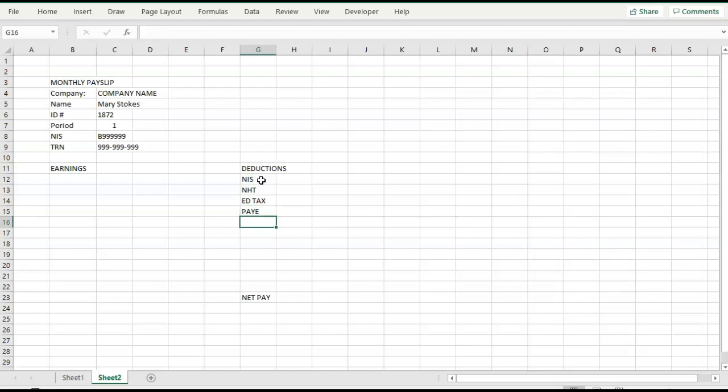So these are the statutory deductions. You will also have non-statutory deductions, and some of them are pension. Your company may offer you life insurance, so you'll have insurance deductions.